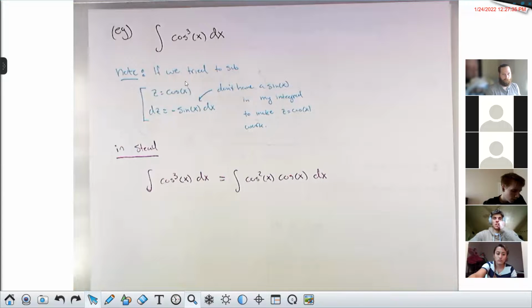Which is not something most folks would think to try right away, but it is the right move. It's the right move if you want to substitute for sine. Because if I was to substitute z equals sine x, then dz would be cos x dx. So what I'm doing here is I'm setting aside a copy of cosine with the differential, thinking about making the future substitution z equals sine of x.